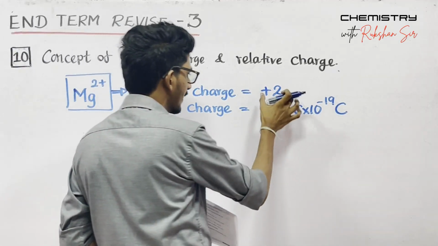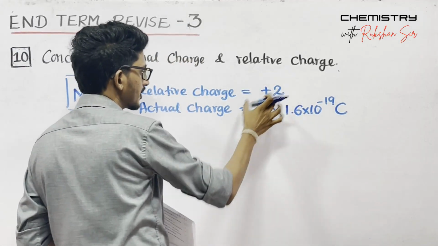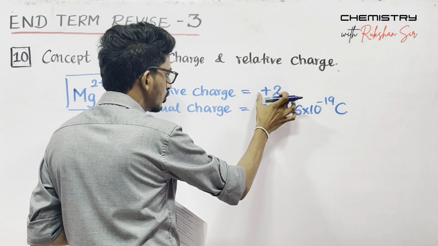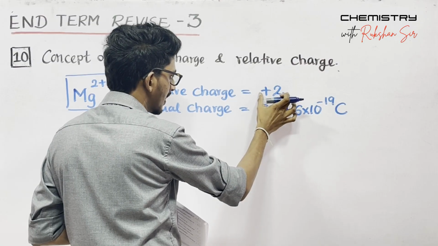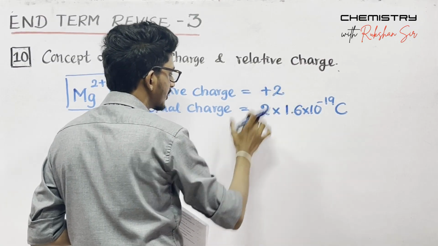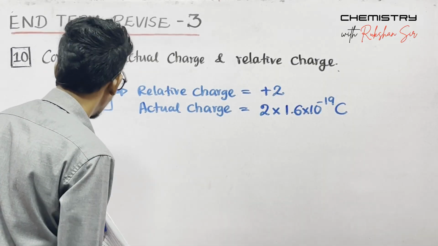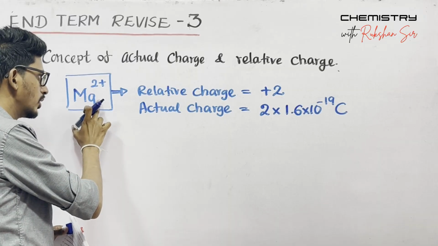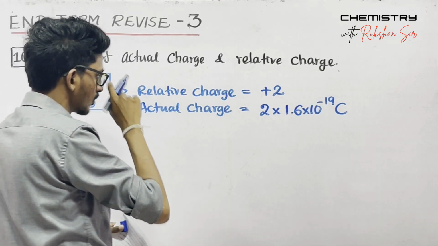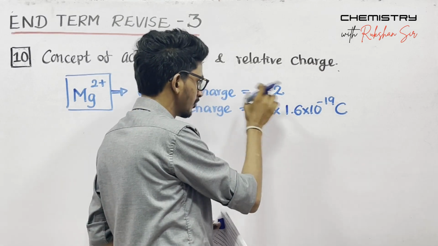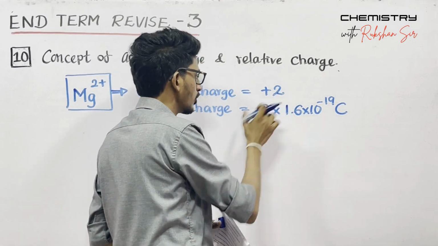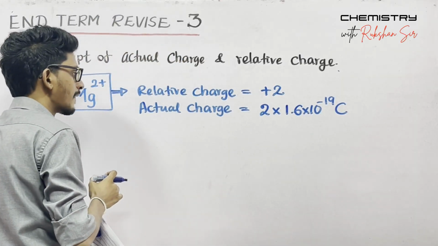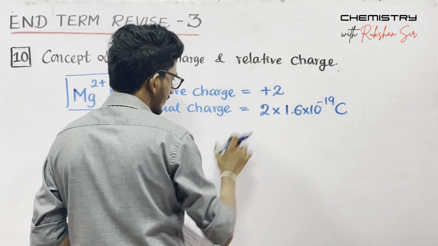right? This happens because now you are with two more protons compared to electrons. You have only 10 electrons in the magnesium 2+, but you have 12 protons. So due to the presence of an excess of two protons compared to the electrons, this charge appears.